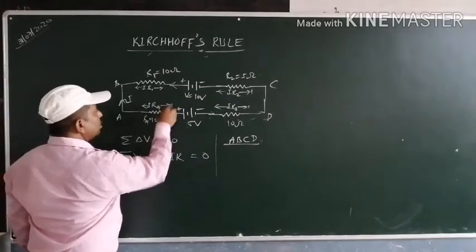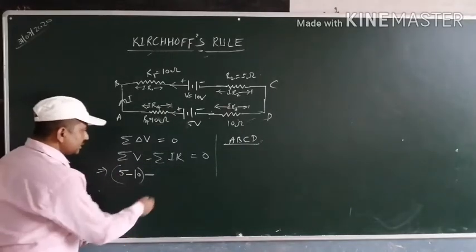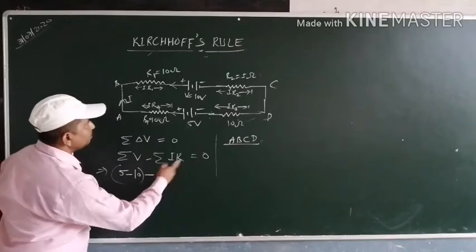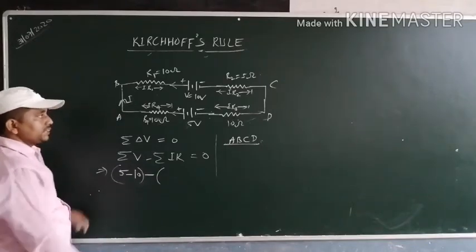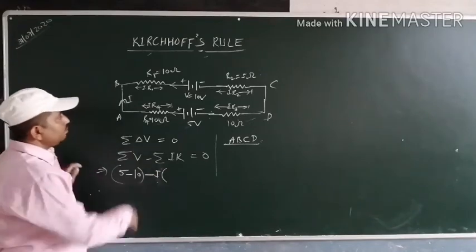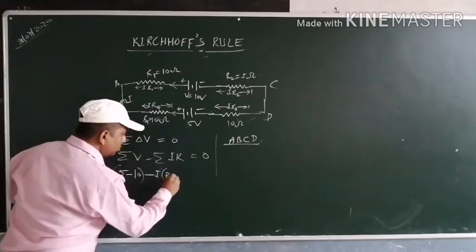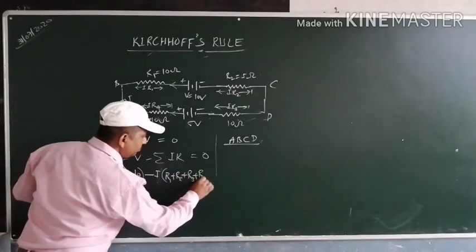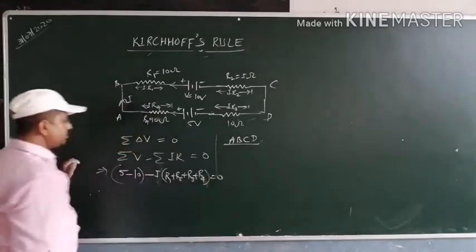Okay, so all the sinks, that is sigma IR, will be equal to IR1 plus IR2 plus IR3 plus IR4. So we can take I common from each term, and the value of R1 plus R2 plus R3 plus R4, that is always equal to 0.